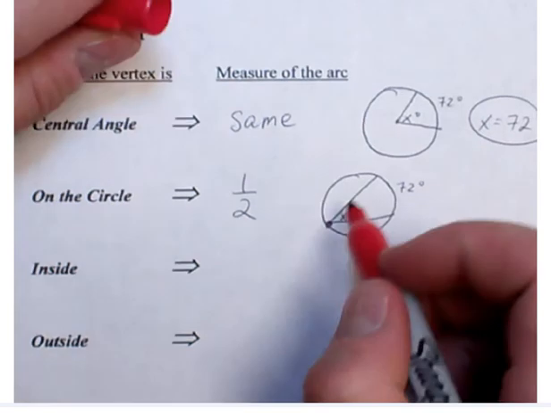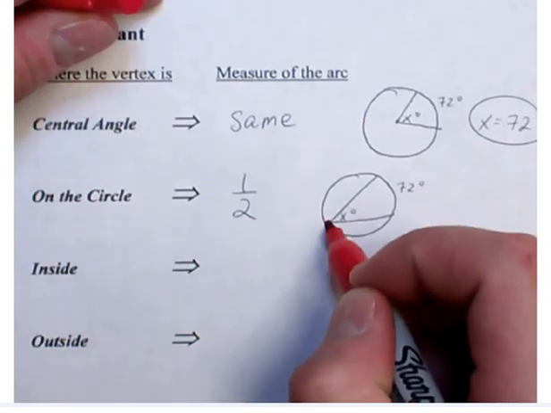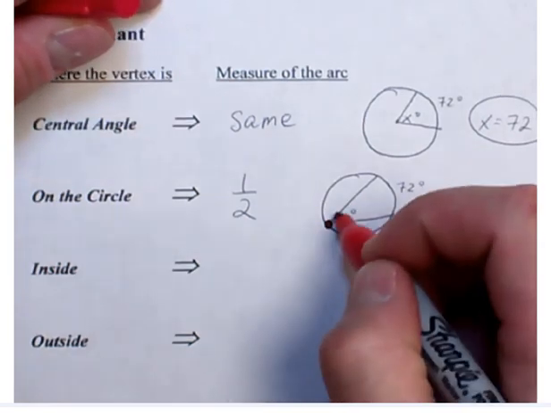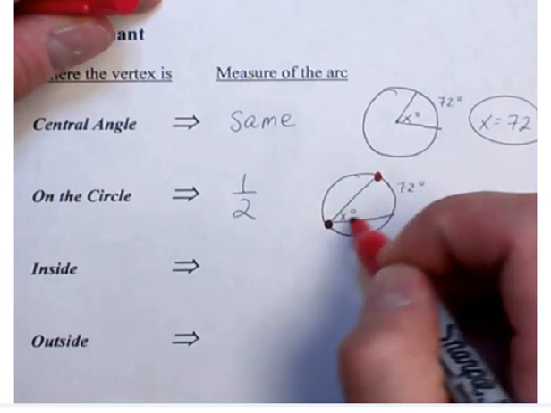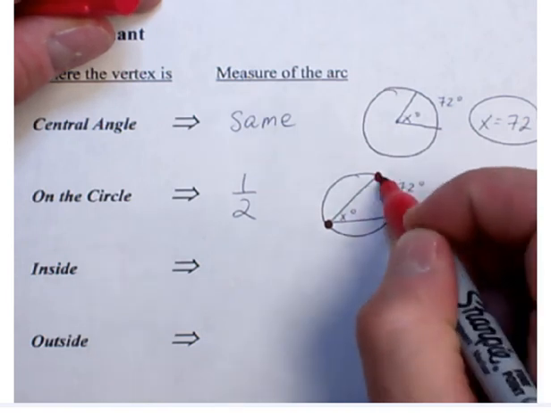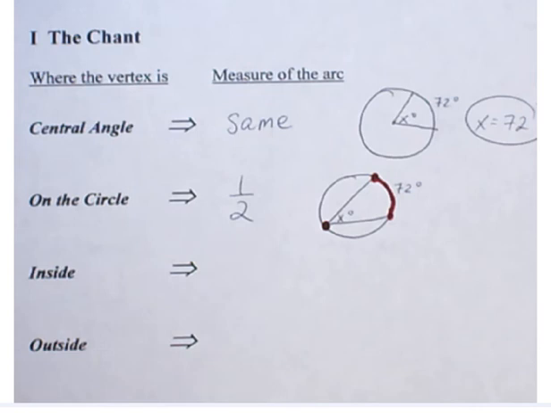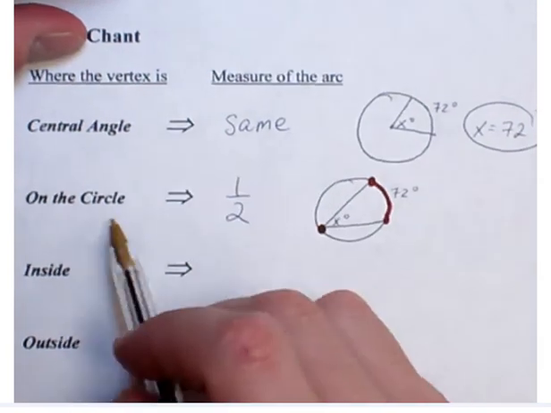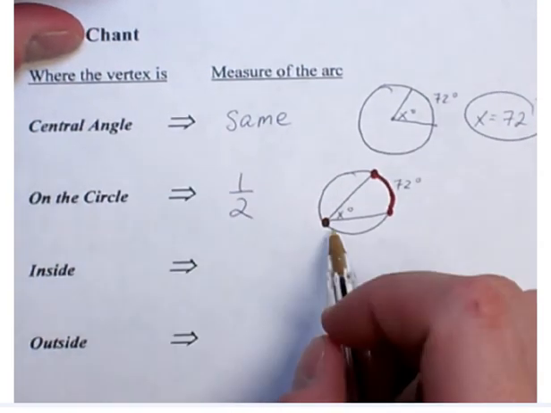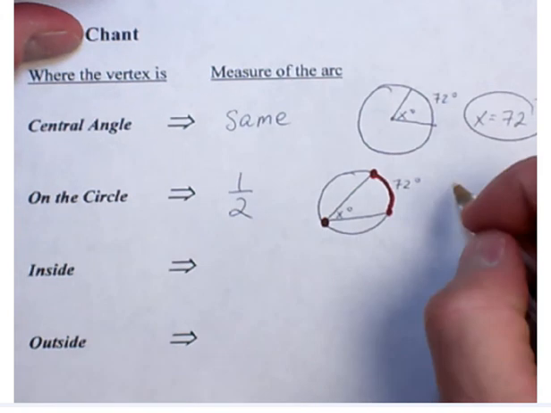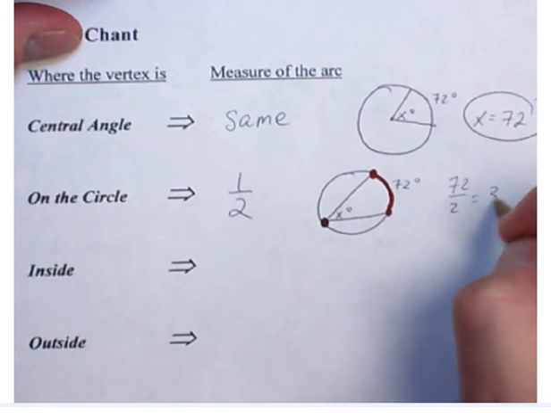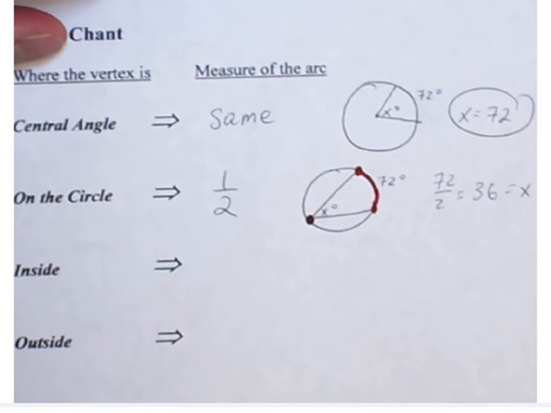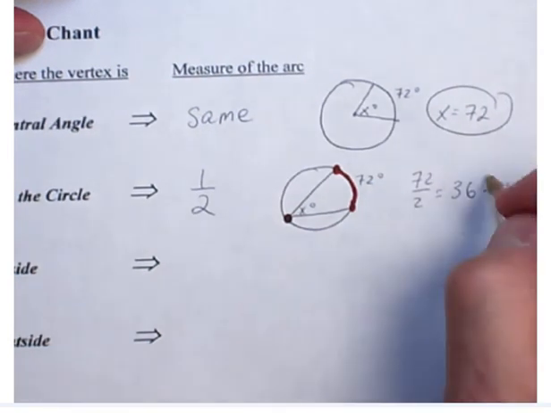When you trace out the angle, it hits the circle here and here. There's the arc. So if the vertex is on the circle, it's half the arc. 72 divided by 2 is 36. That is the value for x.